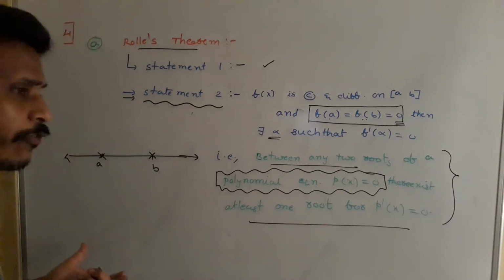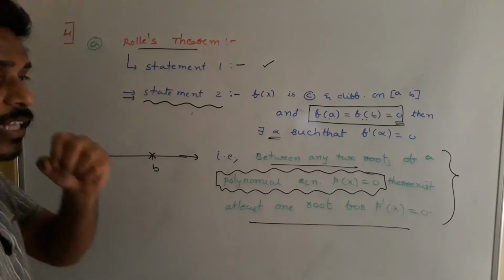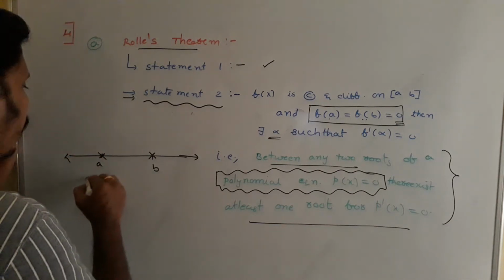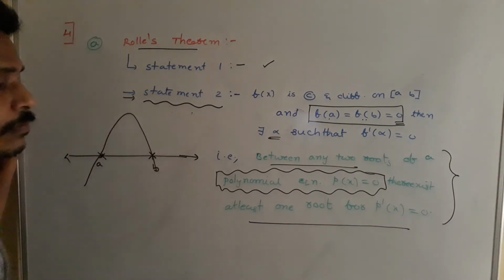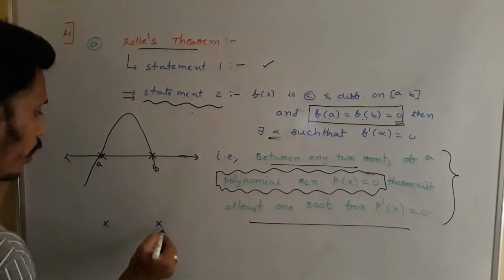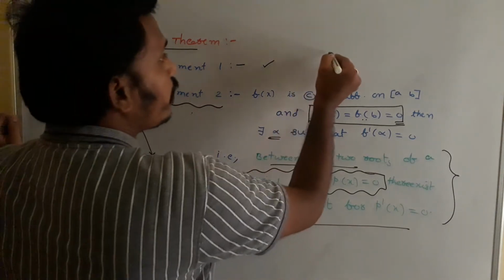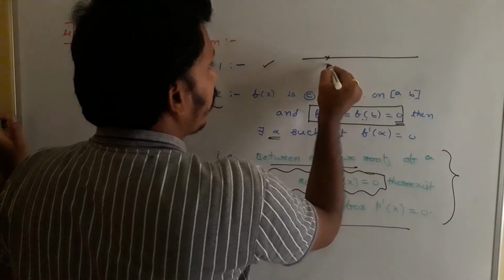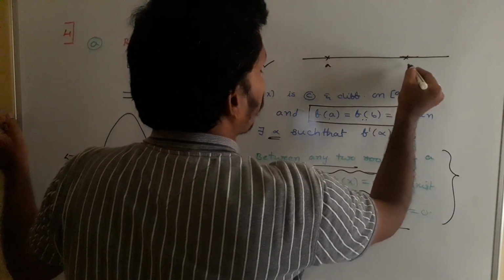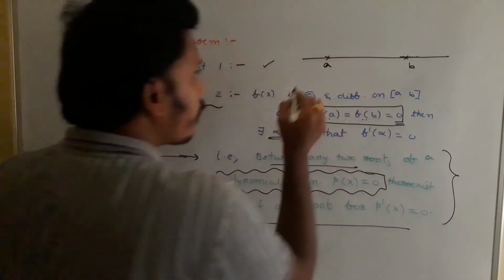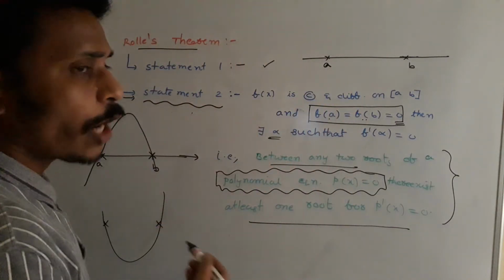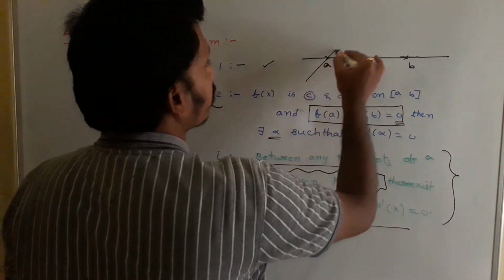How to sketch the graph? As we discussed in the last class, the graph may be like this. In the same way, if these two are the points, the graph may be like this. If this is point A and this is point B, the graph for sure passes through these two points, and you may sketch the graph like this.